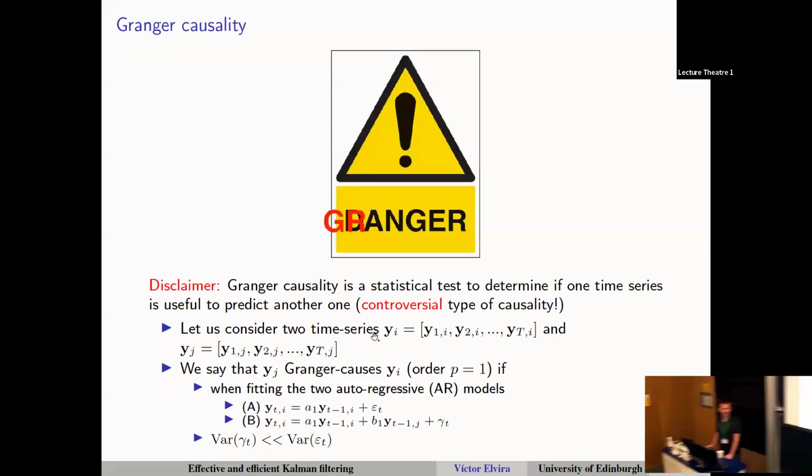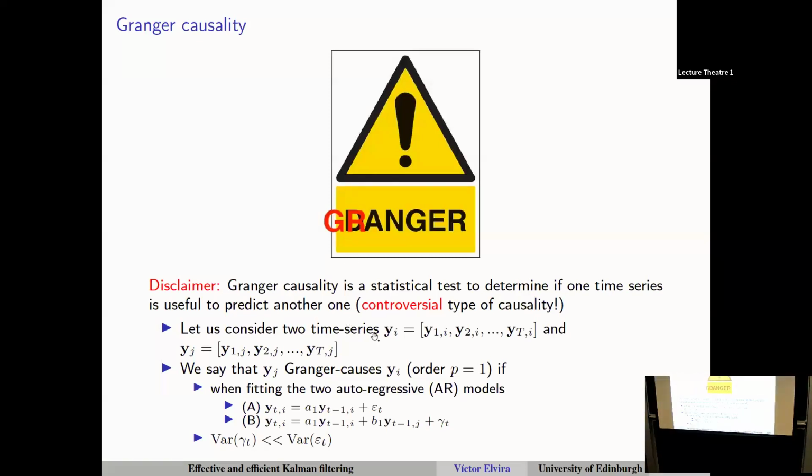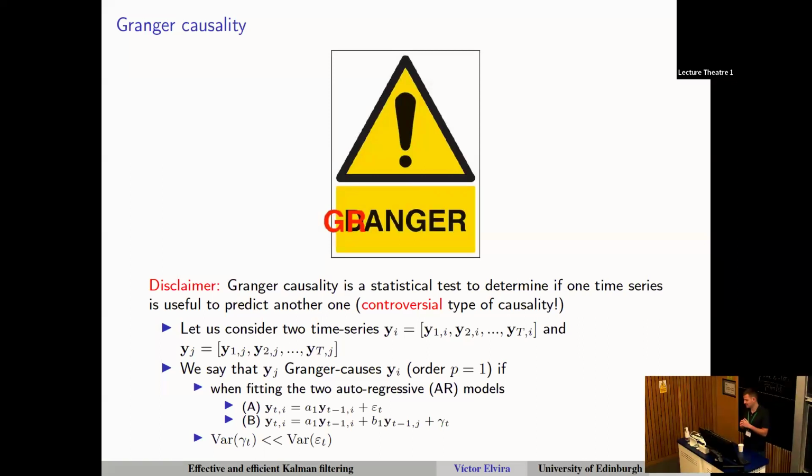So what is Granger causality? It's just a very mechanical, statistical, let's call it, perspective. It's just utilitarian. Is this time series helping me to predict this other time series? Yes or no? If yes, then this time series Granger causes this other one. And you can see it with this very dummy example. You have 2 time series, and this is a simplified version, but it doesn't matter. You have this model, and then you say this observation depends on the previous observation of the same time series, t minus 1 to t.